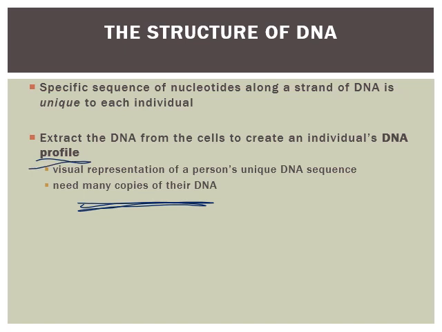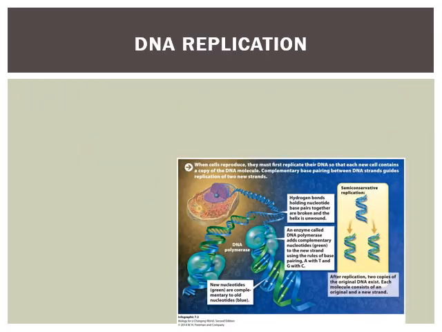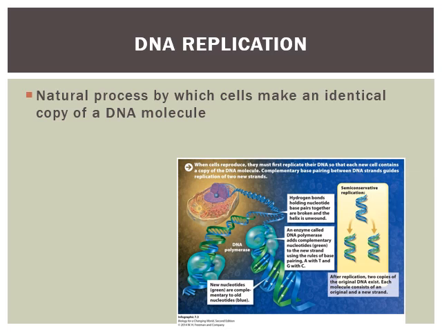And again, a profile is basically just being able to look at the person's whole genome. Okay. And we'll talk about what a genome is here in just a second too. But with DNA replication, our bodies are naturally replicating. DNA is naturally replicating in our cells pretty much all the time, not round the clock.